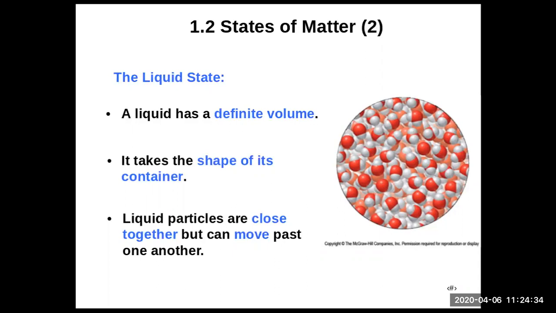The molecules of water are packed together, but you don't see anymore that organized pattern you saw earlier. And so they are randomly put together and they can move past one another. So there is more movement allowed in a liquid compared to a solid. They can move around each other, and that's why they can roll around each other, and that's why liquid flows.